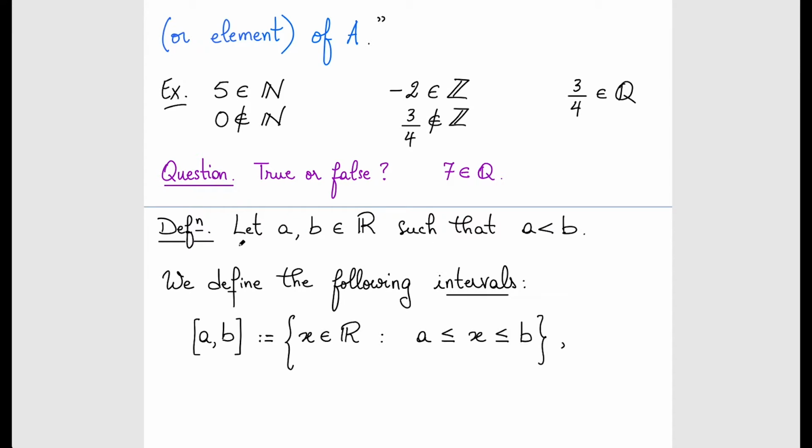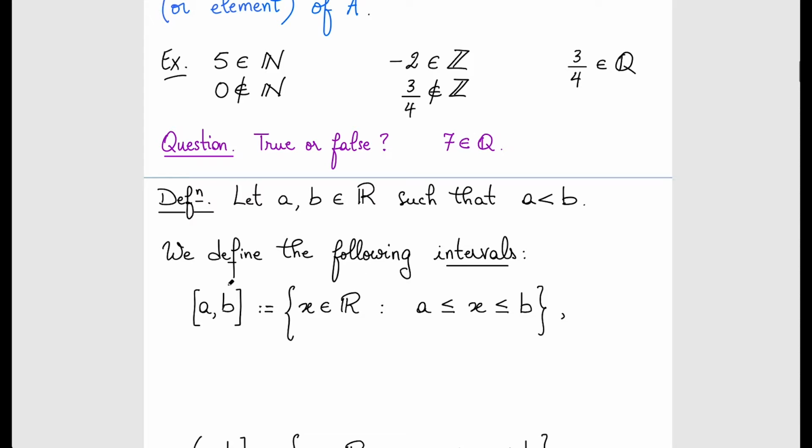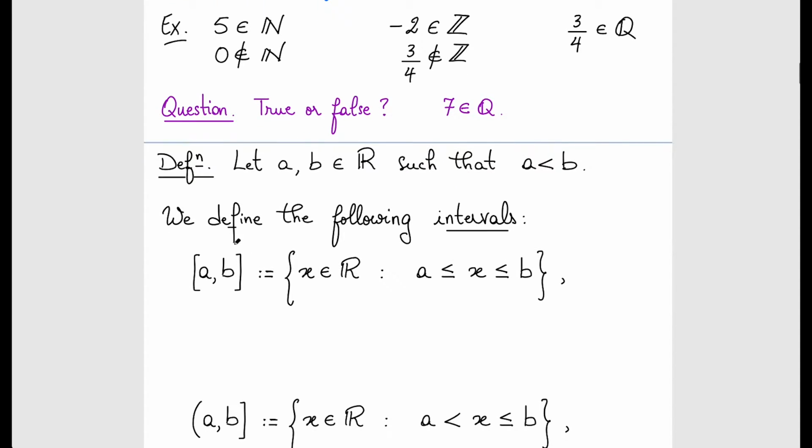So one more time, let A and B be two real numbers, and let's say they're not the same, so one has to be smaller than the other. Let's say that A is the smaller. We define the following intervals. This interval here means nothing except once you read what comes after the equality. You see here I'm putting a colon before the equality, meaning I'm defining this object.